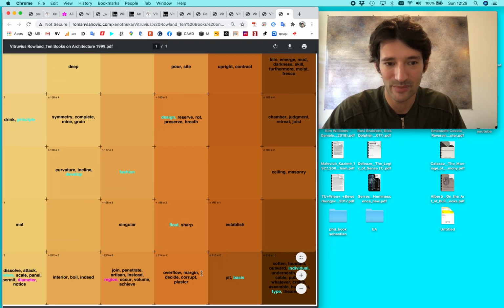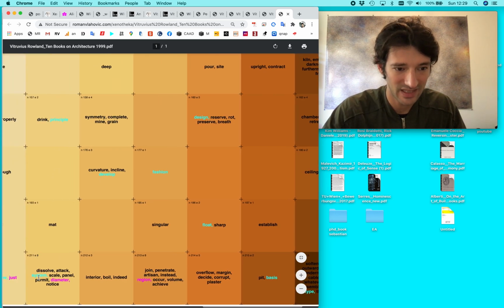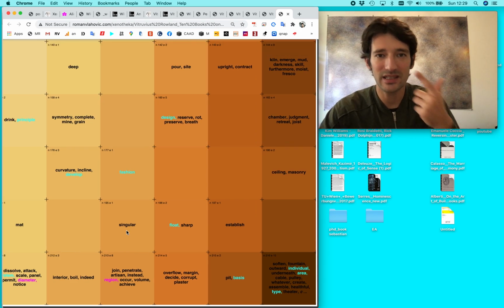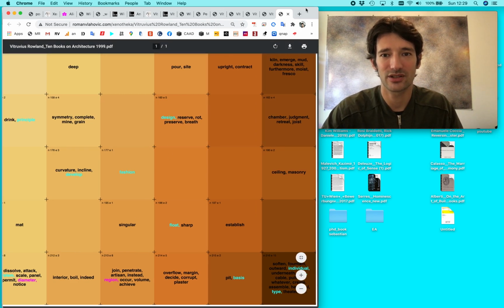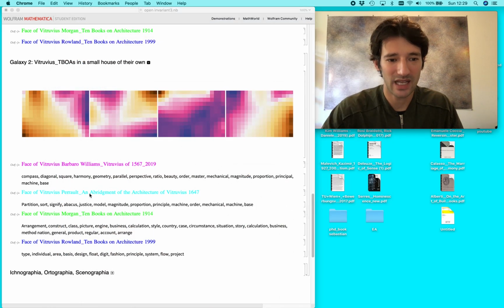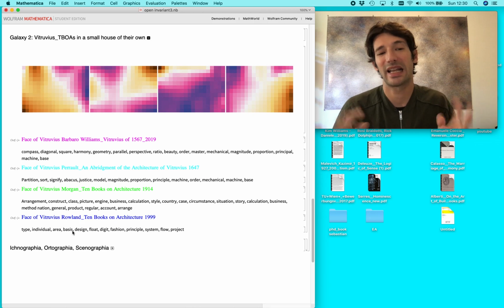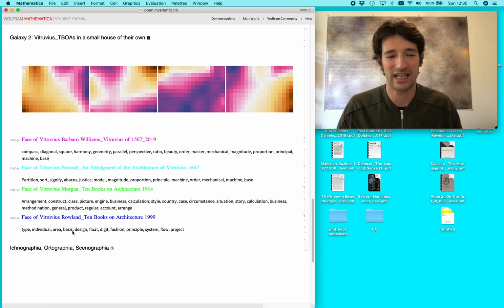He's talking about type, about floating, about fashion, development, design, principle, system, flow. I mean, not only about these things, but these things are used in the translation. And if we put them now like this here, I just took them out so it can be more clear, or it's a kind of evidence, I don't know. Yeah?